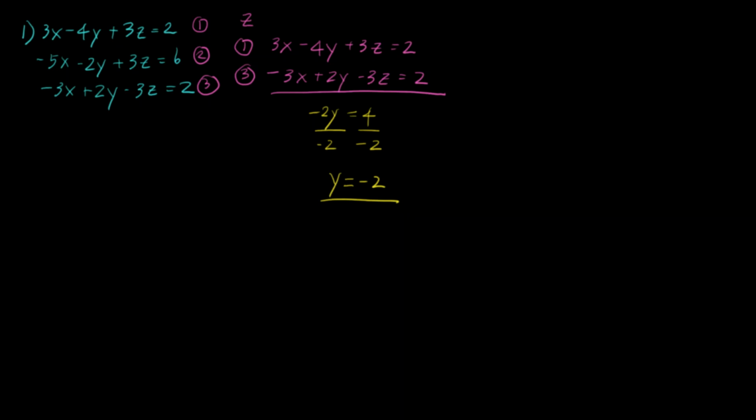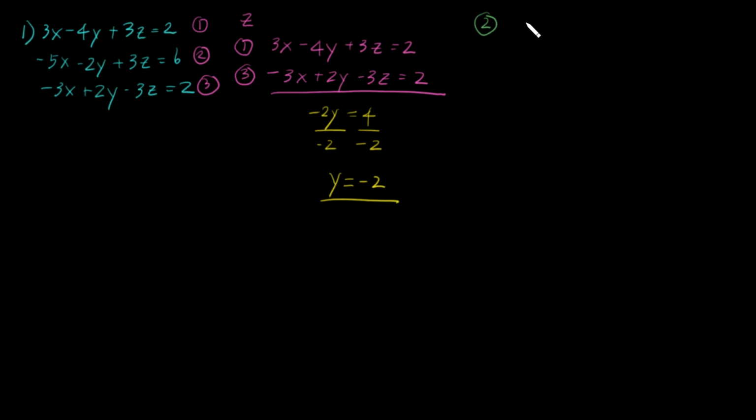Now we have to decide which pair we are going to combine. We don't want to do 1 and 2, because we have a +3 here and a +3 here. We're going to try to do the least amount of work, which you guys are pretty good at. So instead of combining 1 and 2 together, let's go ahead and combine 2 and 3 together.